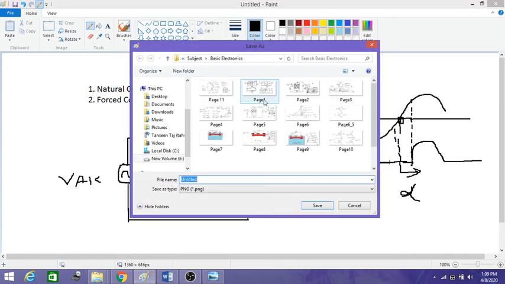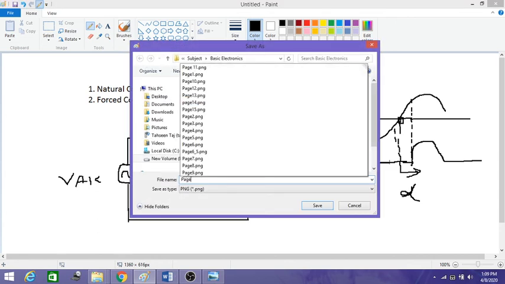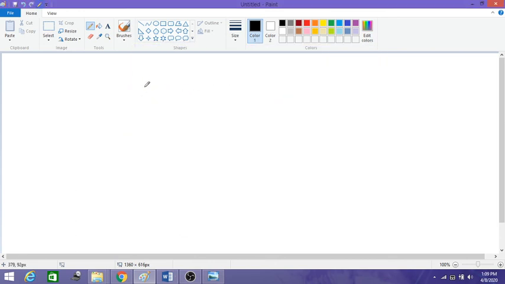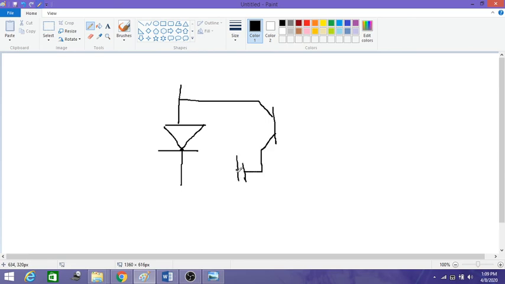Before that, let me save this page. Okay. So here I have my SCR. For this SCR, I'll connect a transistor, and from the transistor I'll connect to a voltage source, which I'll call VB.